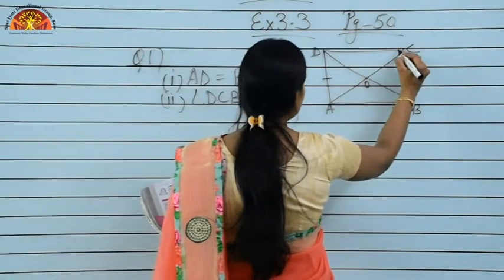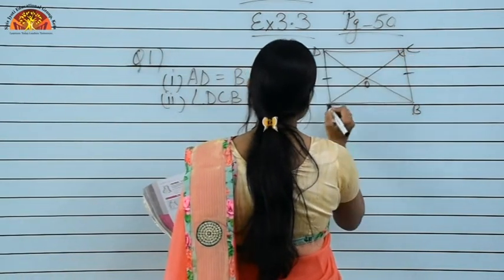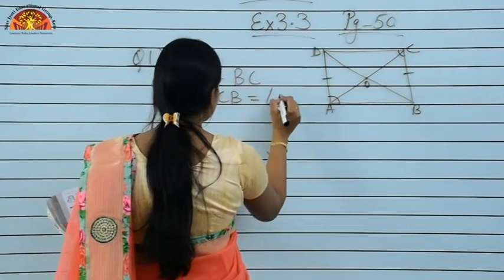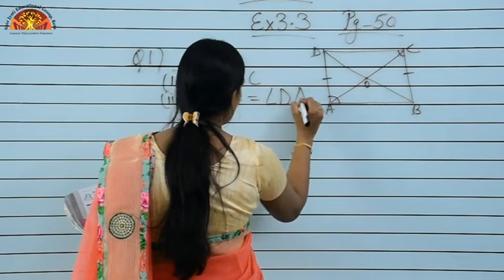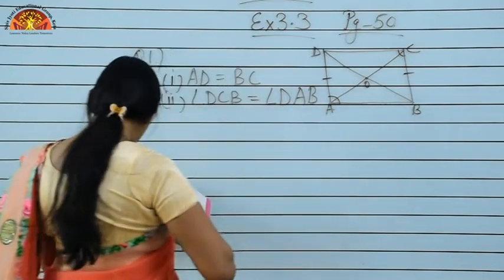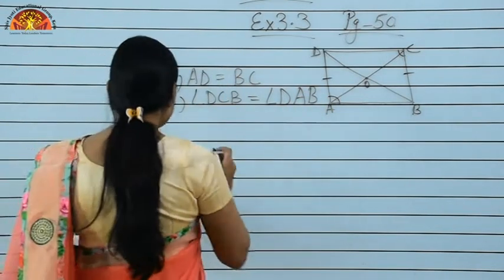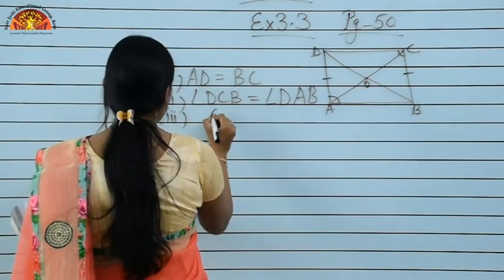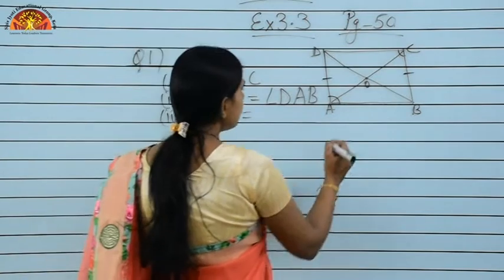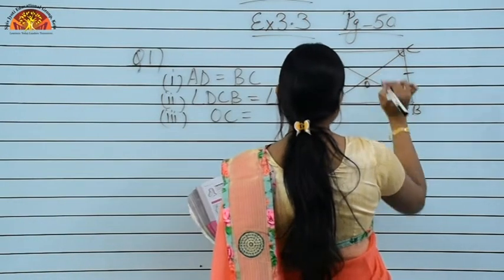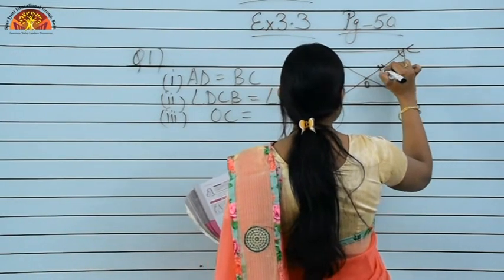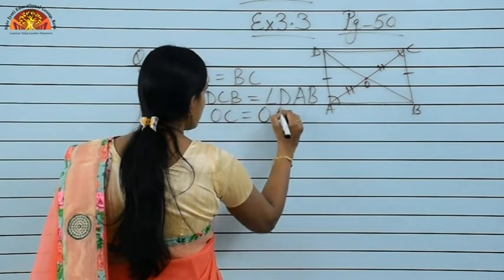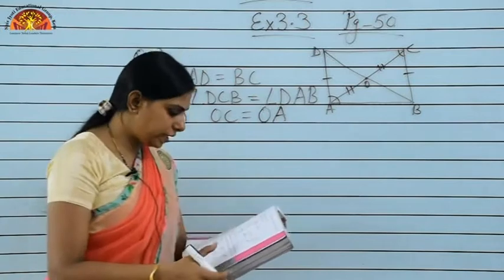Angle DCB is equal to angle DAB. Now just see the third part, OC equals to, you can see here that O is the point of intersection. So OC is equal to OA.